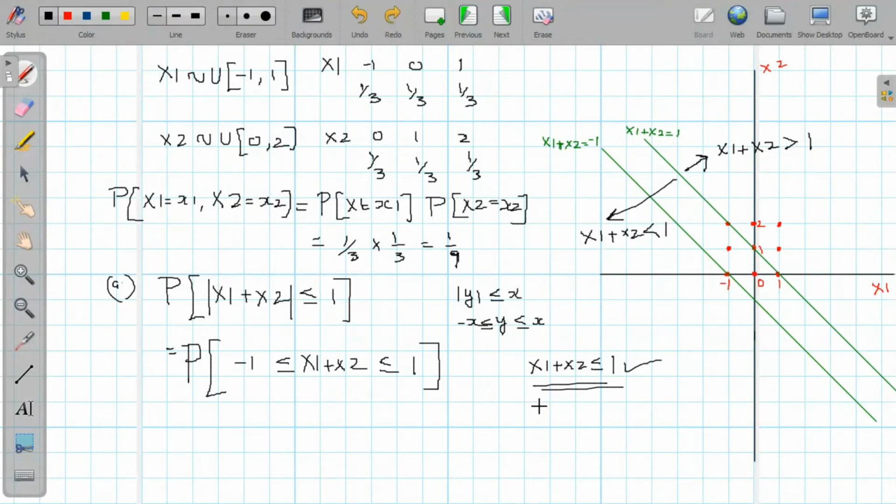Similarly, we can look at the other side of this inequality. It states that x1 plus x2 is greater than or equal to minus 1.